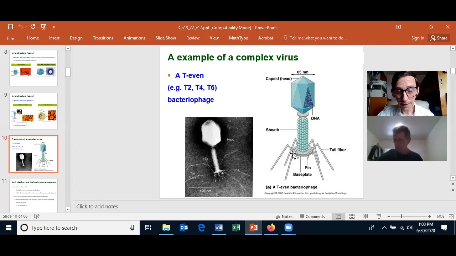Because a bacteriophage, meaning a bacteria virus, has to have something to help it get through the cell wall, and the tail is what accomplishes that. Many, not all, but many animal viruses don't have a tail because it's much easier to infect an animal cell, much easier to get into the cell. You don't have to go through the cell wall.